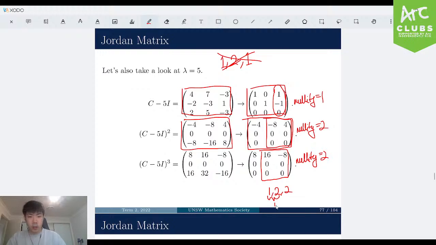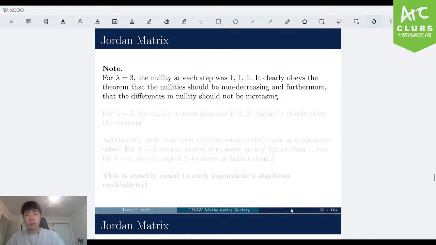The difference here is 1. The difference here is 0, okay? So it went from 1 to 0. The differences in nullities are not increasing. Okay. So these 2 points just summarize what I just said. It does indeed follow the condition that it must be non-decreasing, and furthermore, the differences in nullity must be non-increasing. Okay.